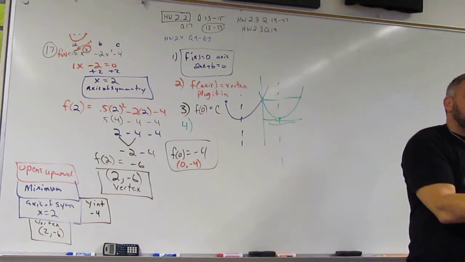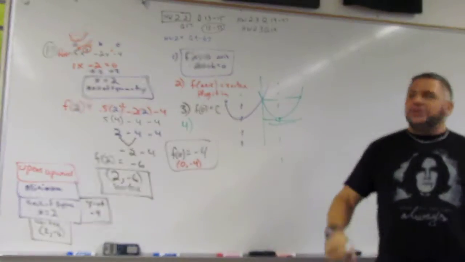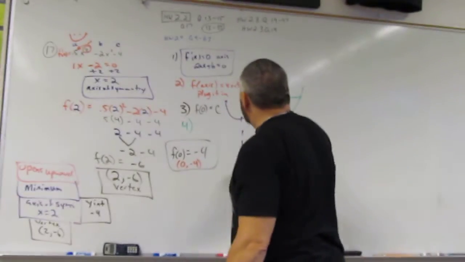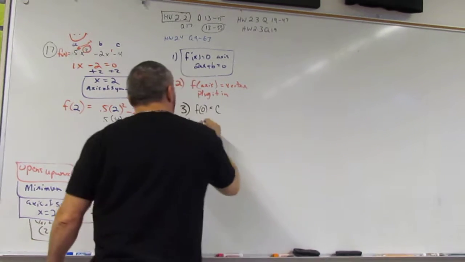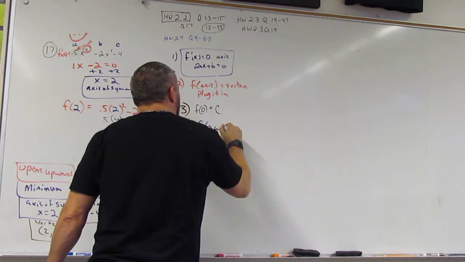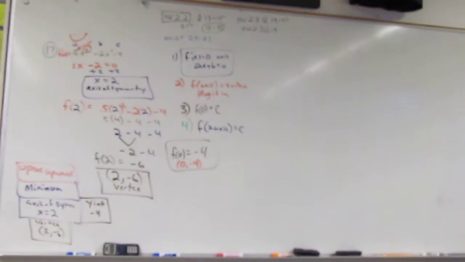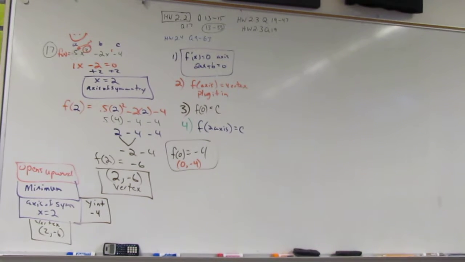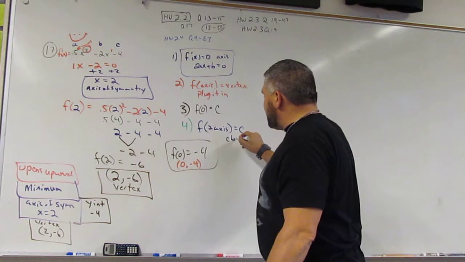So 2 times the axis should equal c every time. If it doesn't, something went wrong. So check it. This is your check method.